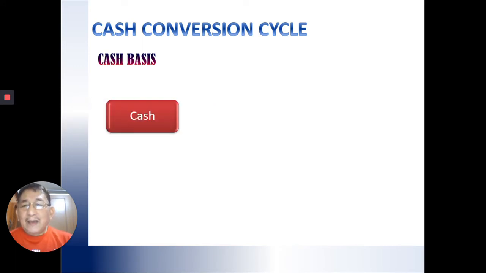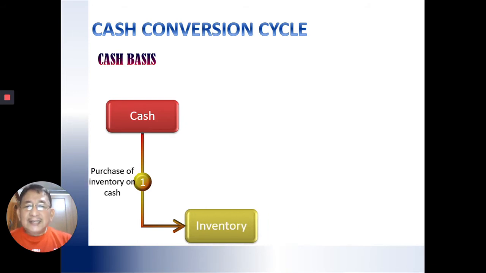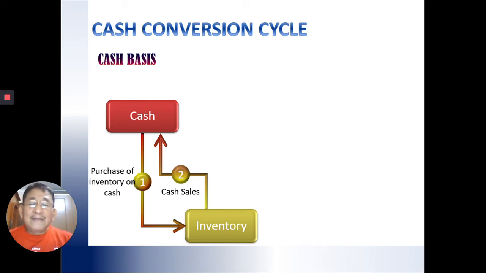If you have cash, you purchase merchandise, and then you sell it for cash. That is the cash conversion cycle. There would be some complication when the inventory is purchased on account, sold on account, and you have to collect the receivable in order to convert to cash.